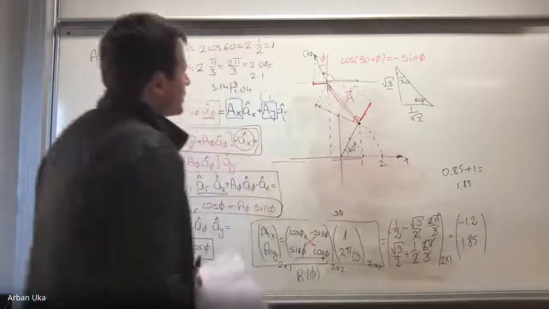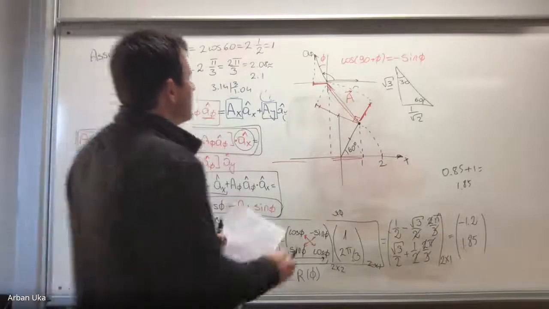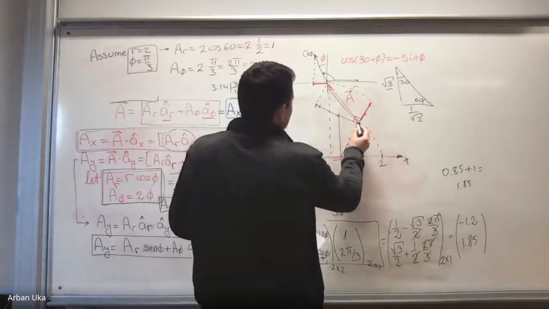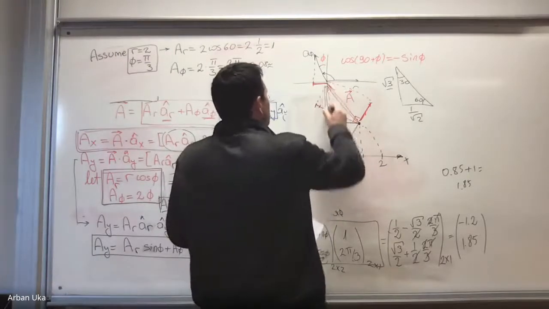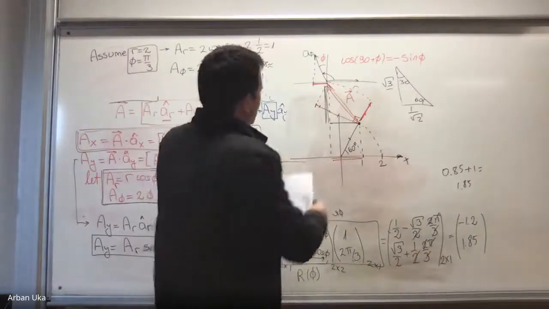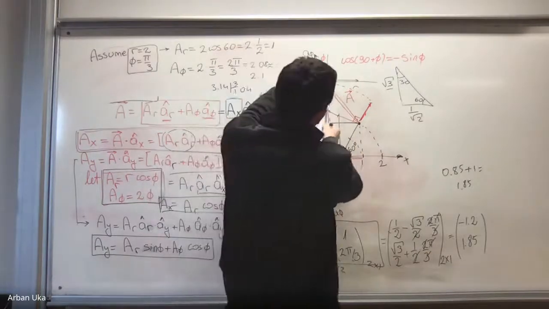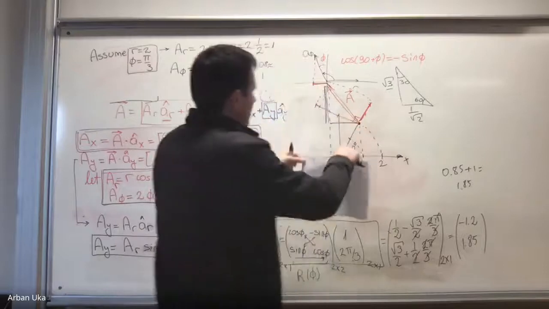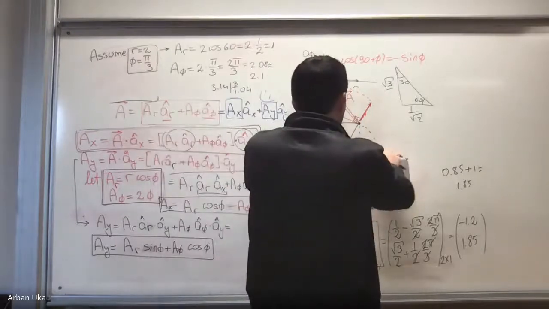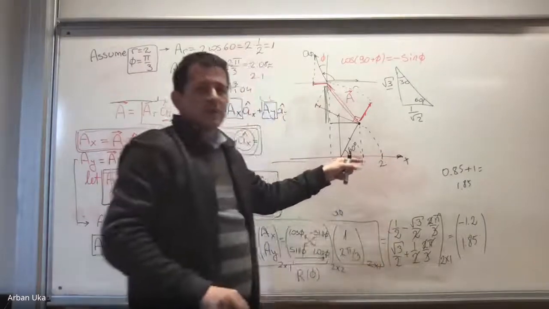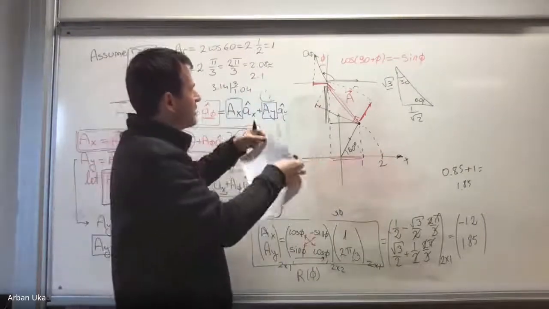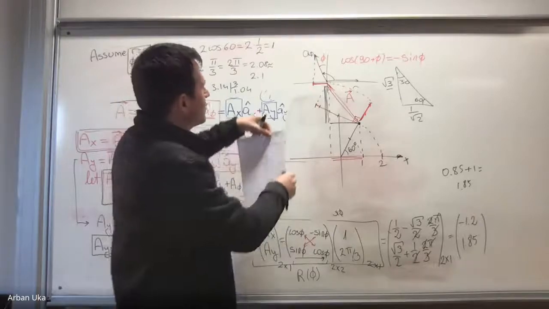And the projection along the y-axis, maybe we can draw it like this. So this length, approximately, is this much, and this much is slightly less than 2. So we did not do an AutoCAD drawing here for sure, but using this piece of paper, I tried to do the best I could.